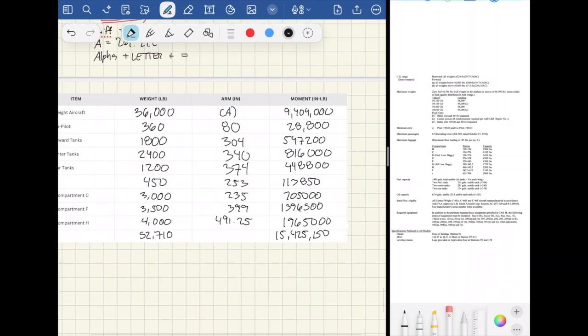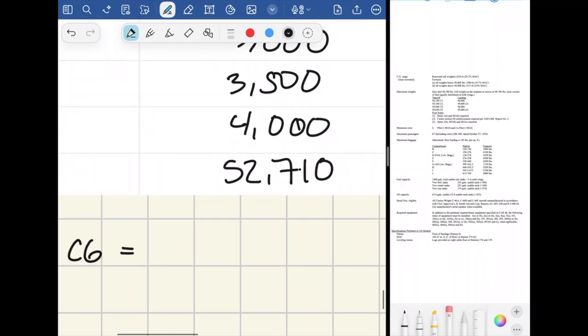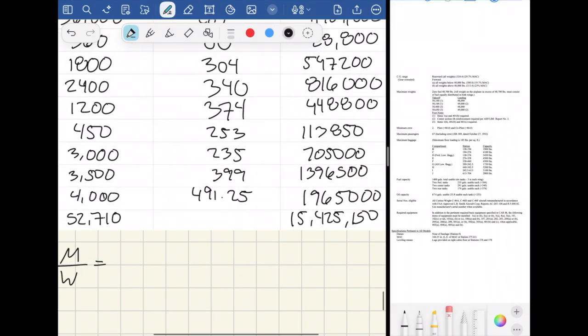Sarado. Okay, now to get a loaded CG, we have the formula of, okay, so loaded CG: summation of moment over summation of weight. Now, let's put that into practice naman.